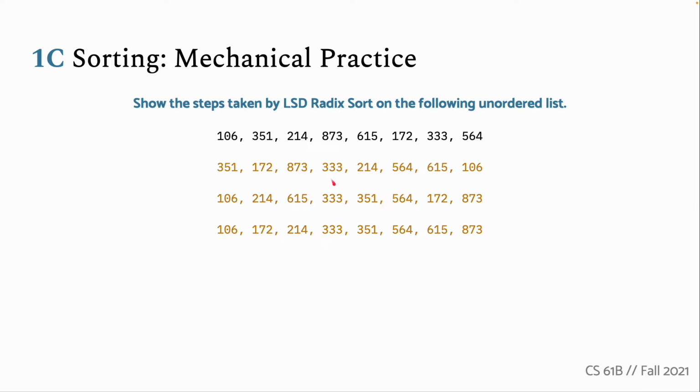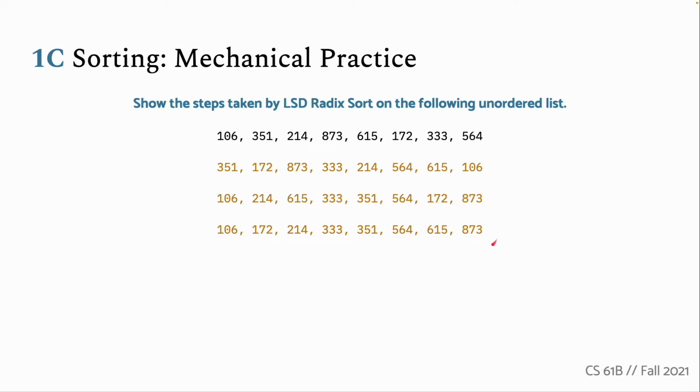Next, we have 333, which is the only thing that has a 3 there, and 351 and 564, which are the only things that have a 5 and a 6 in that spot. And lastly, we do the same thing we did for the 1 in the second place between 172 and 873. Going from left to right, 172 appears earlier, so that's going to appear earlier in this list as well.